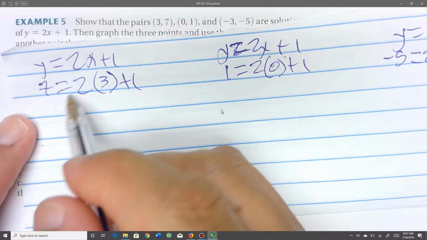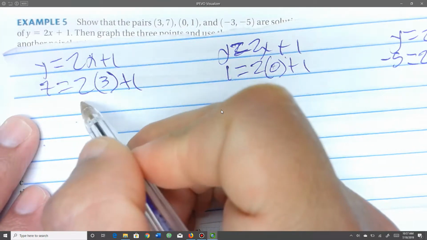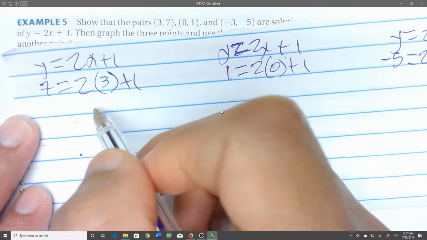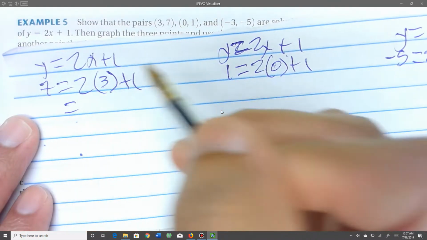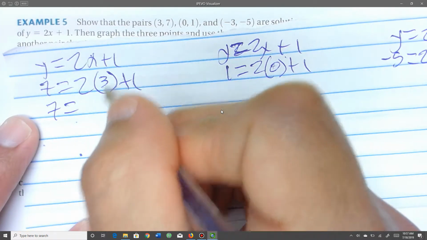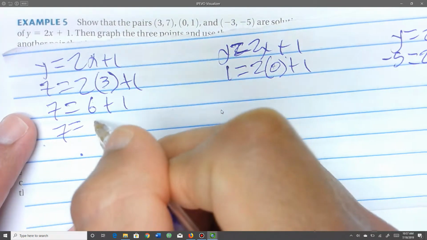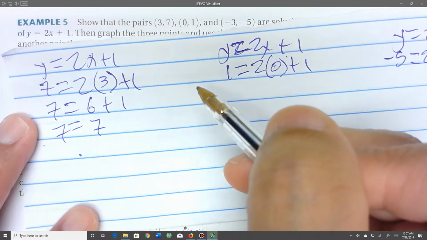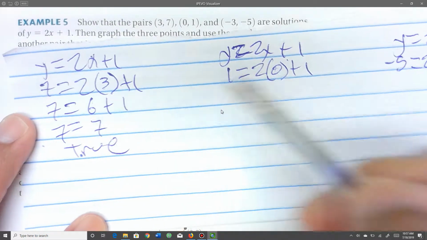All right, so here what I need to do is just follow the order of operations. You still have to be careful with the order of operations. 2 times 3 is 6 plus 1, that's 7. So that's true. That gives a true equation.